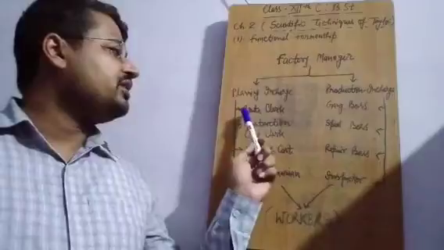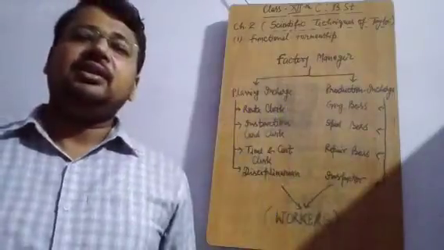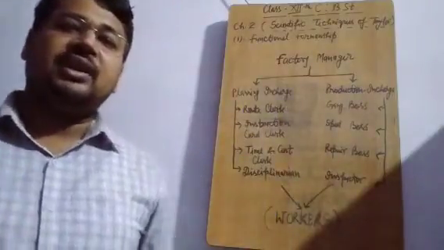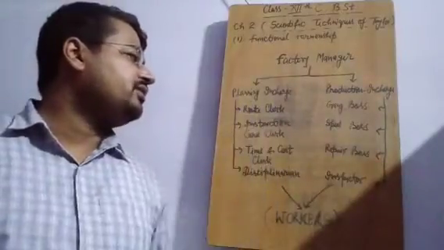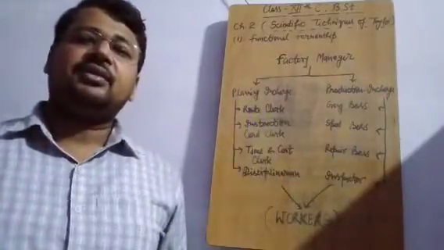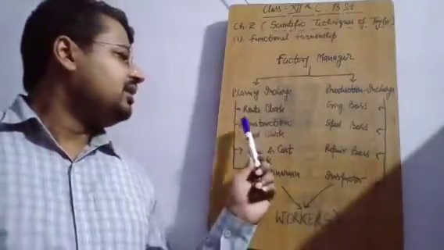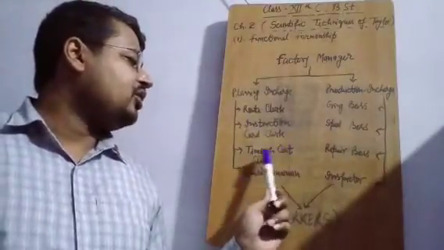If a person is appointed as route clerk, then he is provided with proper skill and training to handle all the issues that come under the purview of this designation. Instruction card clerk, time and cost clerk.